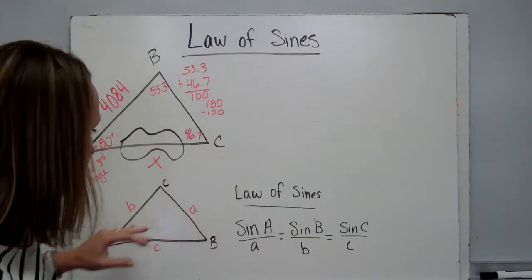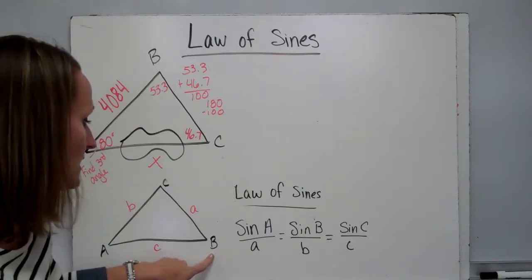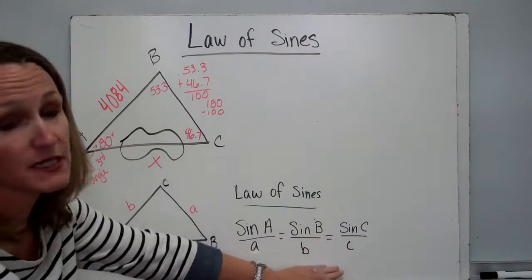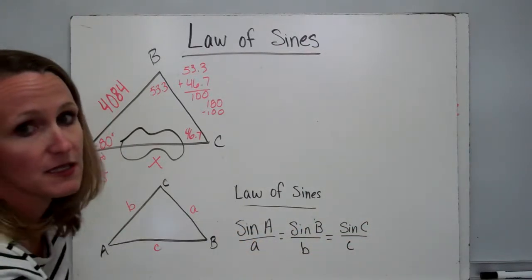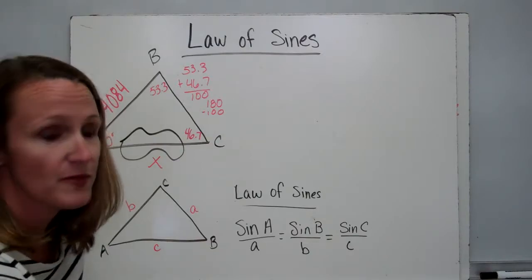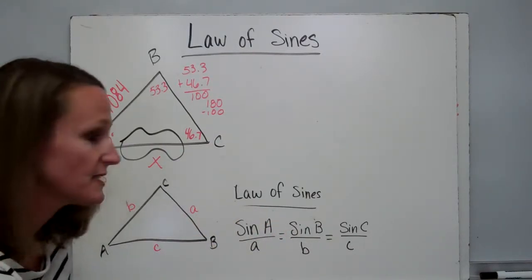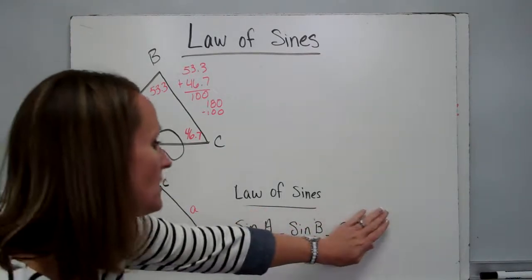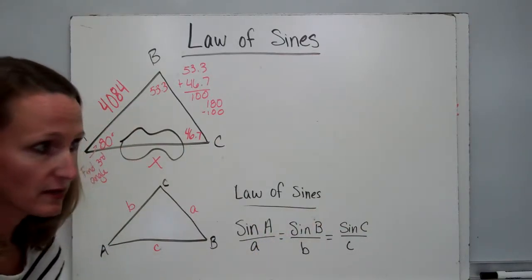So if we take the sine of one angle and divide it by the side across from it and set it equal to the sine of another angle divided by the side across from it, and we can do an extended proportion to set it equal to the sine of the third angle divided by its side across from it, you can solve any of these proportions to get the missing side. You, of course, would only do one at a time. So you could pick that one, or even eliminate that and do those two, because they're all considered to be equal.